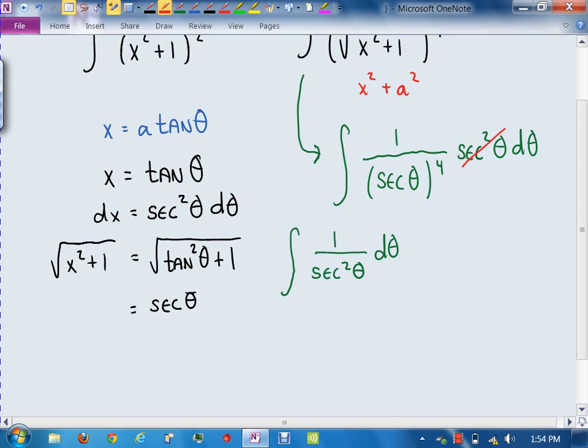And then I did this right here. I canceled 2 of them out right there. You're okay? Okay. Then it's just cosine squared theta? Yeah, this is just going to be equal to cosine squared theta d theta.